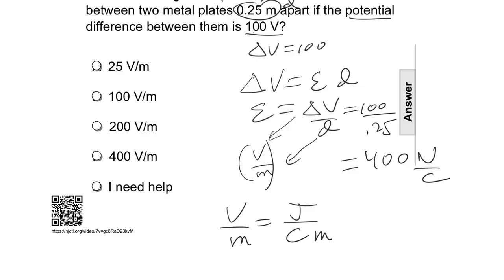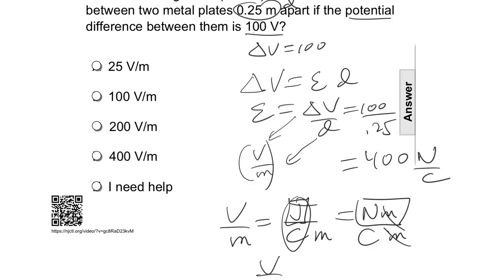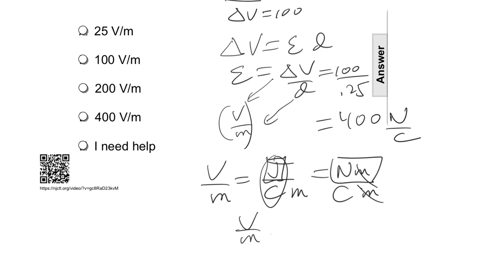A joule is a newton meter. And so the meters cancel out, and I'm left with newtons per coulomb. So a volt per meter is equal to newton per coulomb. So you can use either one.